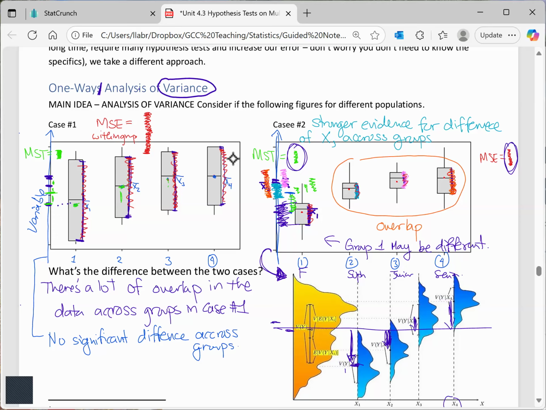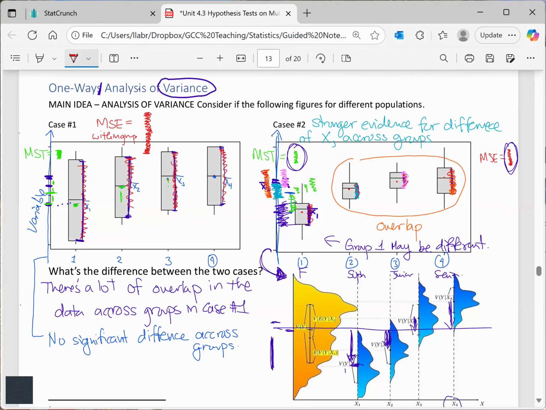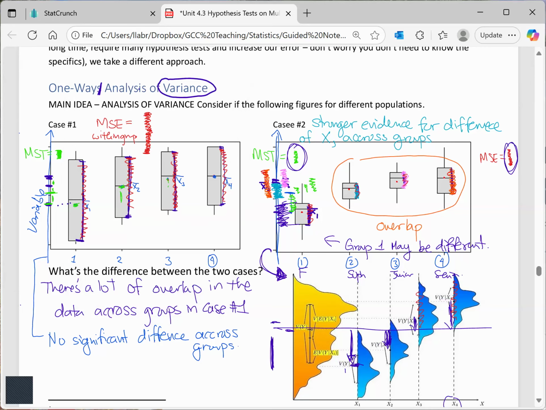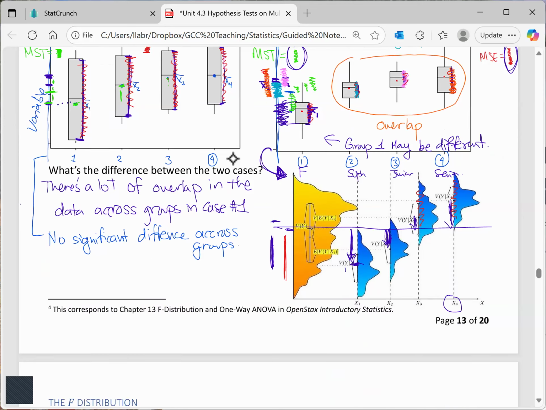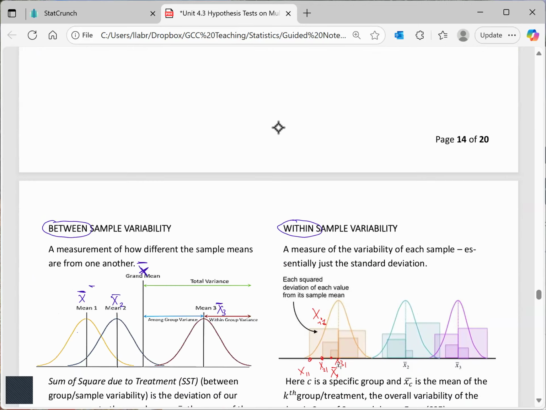So again, it would be like this purple length right there, getting compared to the red length, which would be the variability within each group. So it would be something like this. So if I compare that to this length, notice that they're pretty close. So the smaller MST is, like in case one, the less evidence you have that there is a difference by grouping this data.